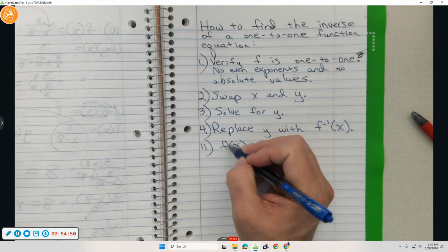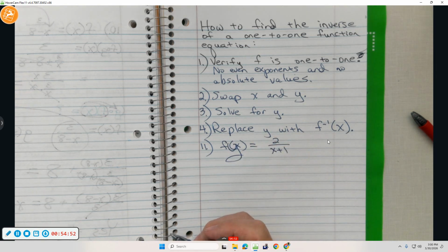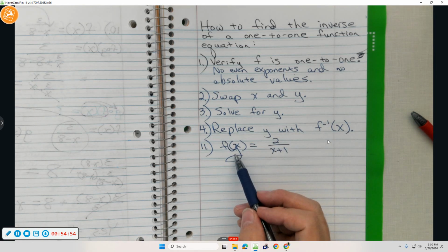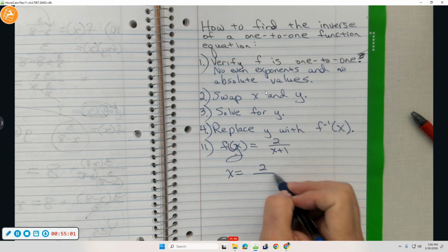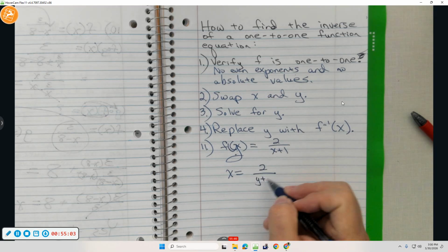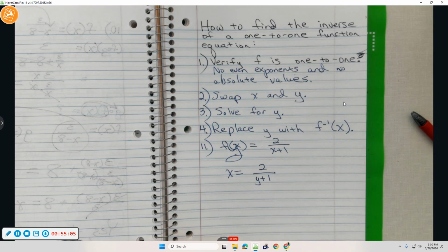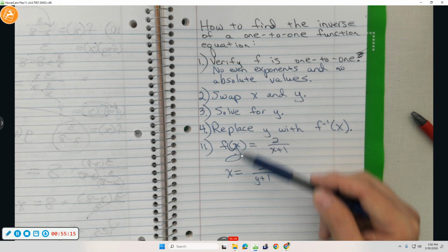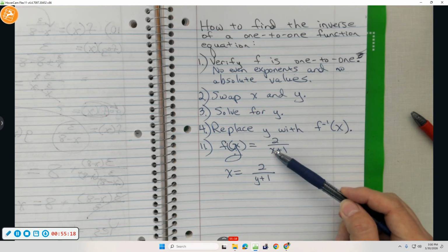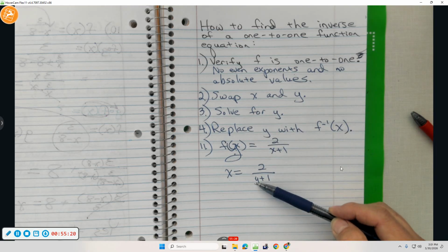That f of x, that's just a fancy way of saying y. So f of x is y. You're going to swap the variables. Y becomes x. X becomes y. Any questions on my logic? Your f of x is a fancy way of saying y. So y became x. X became y.